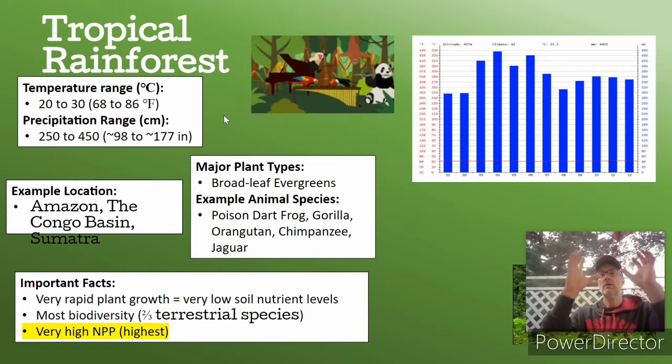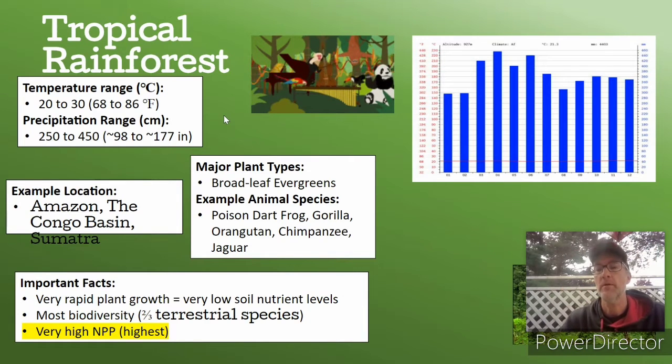The nutrients are all in the upper parts, in the forest itself. Consequently, when deforestation does happen, there's a rapid loss of nutrients, and soil productivity can go very low, making it very difficult for the vegetation to come back. And it takes a long time for a forest, once it's been disturbed, to return to its original state.